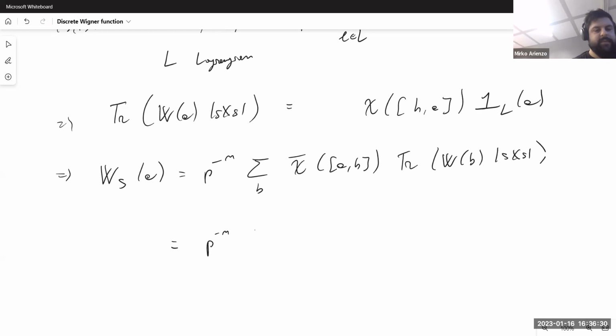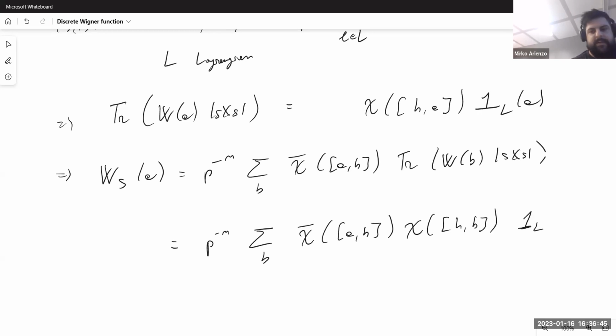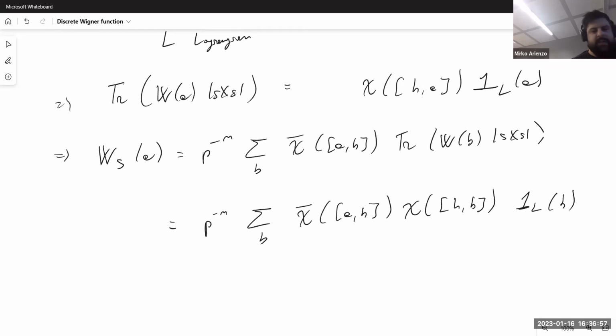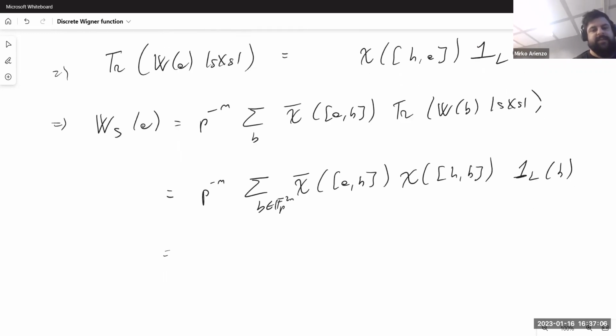So this is p to the minus n, and then the sum over B, chi of A B, chi of H B, and then there is the indicator function of B. This sum here is still on the whole phase space, but since we have the indicator function, we can just collapse the sum over L only, because otherwise everything is 0.